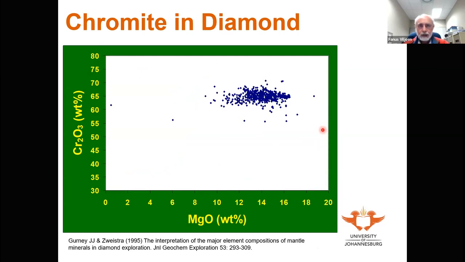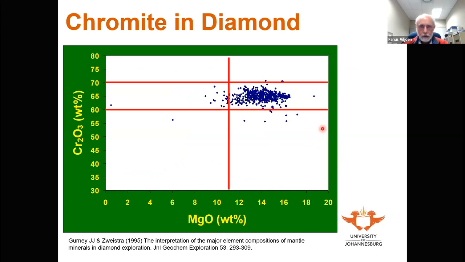That is another very common inclusion variety in diamonds. And if you look at their chrome and magnesium contents, you find that they have high chrome, between about 60 and 70 weight% chrome, and on the order of about 11 weight% to about 17 weight% magnesium.